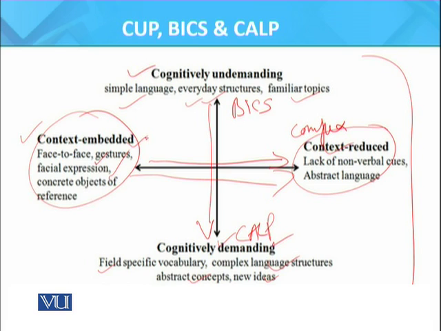Because this area, which is the upper left corner, is cognitively undemanding and context embedded, such as face-to-face conversation or just a small chit chat, it is appropriate for the beginner, but tasks in the lower right here are more complex and context reduced, which actually lacks other supporting clues.